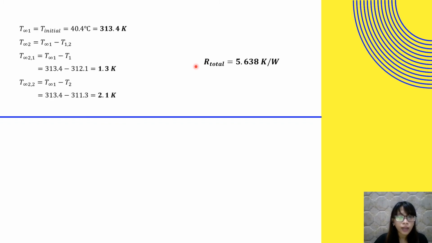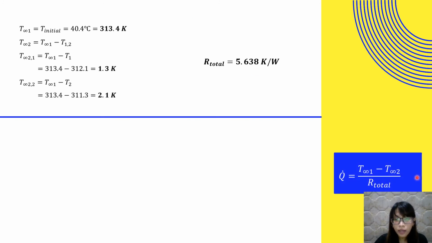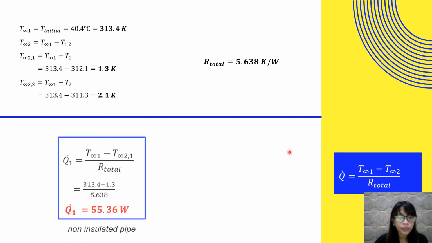After knowing the R total and other parameters, now I have to compute the heat loss. The heat loss formula is Q equals T infinity 1 minus T infinity 2 over R total.